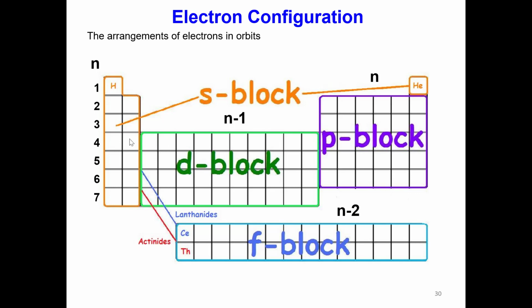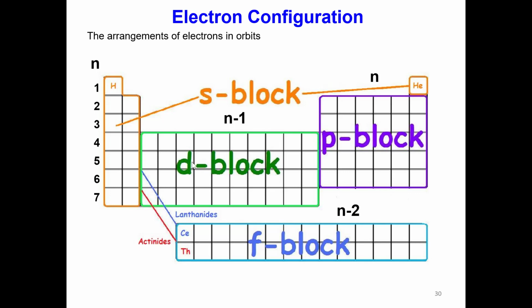This corresponds to orbital 4, but for this part, it's not 4, it's 3, it's 4 minus 1, then corresponds to the third orbital. This row corresponds to the fifth orbital, to the orbital number 5, but here we have to be careful.